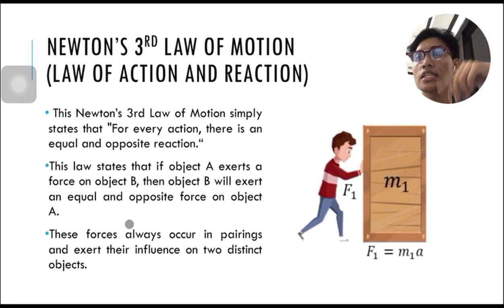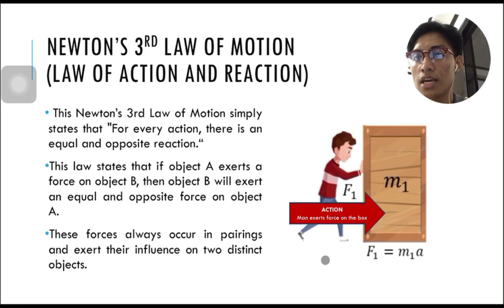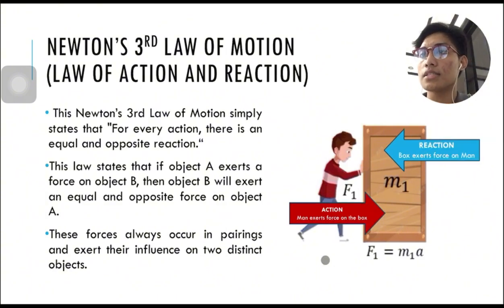Pumili tayo dun sa isa sa dalawa nung kanina dun sa second law. Yung boy has an action, he exerts force on the box. Tinutulak niya. Ganun din sa box. The box exerts force on the man. Parang equilibrium, sabi rito, di ba?